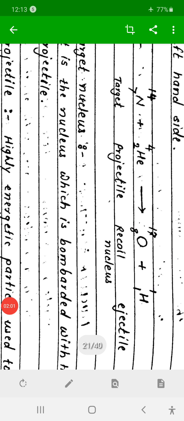In this, we already discussed the theory for that nuclear transmutation reaction, that is the compound nucleus theory.